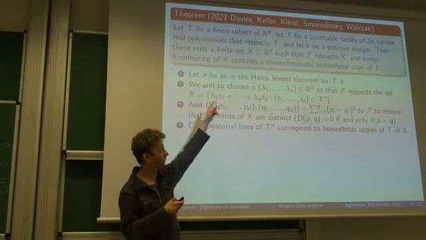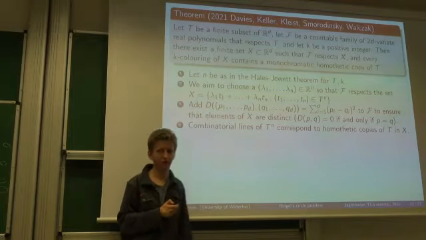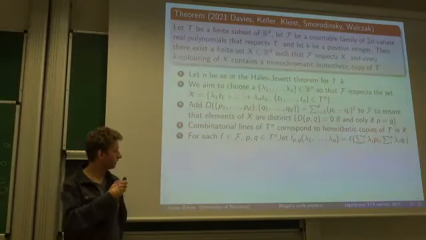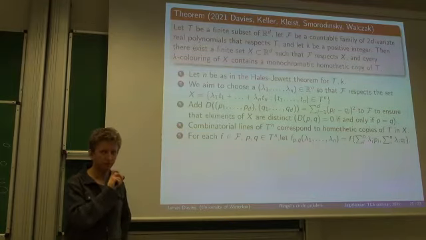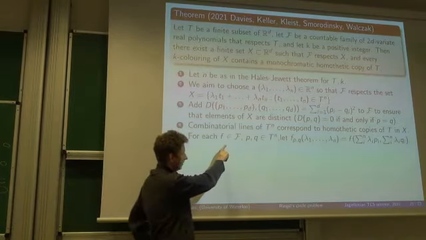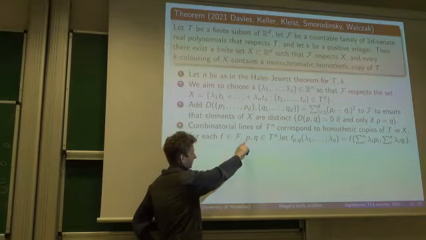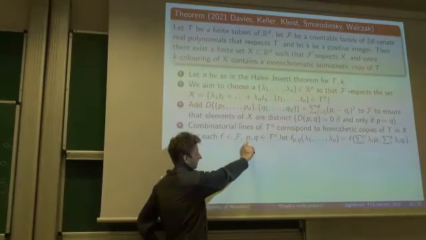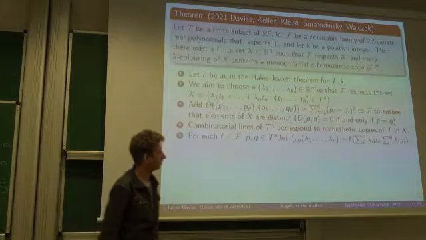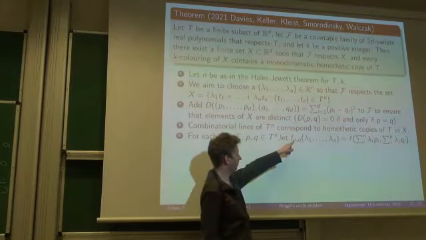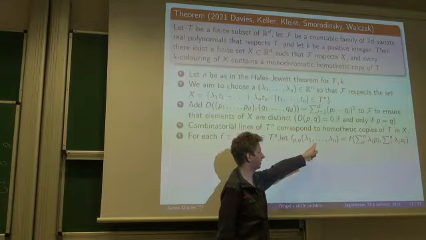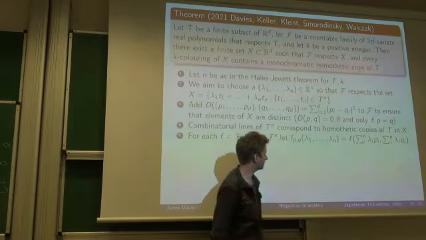So the part that remains is actually showing that our family of polynomials respects the X we're going to get. To do this, we're going to consider these other polynomials. For every two distinct points P and Q of our hypercube, we're going to consider this polynomial F_PQ, in our variables lambda 1 to lambda n.